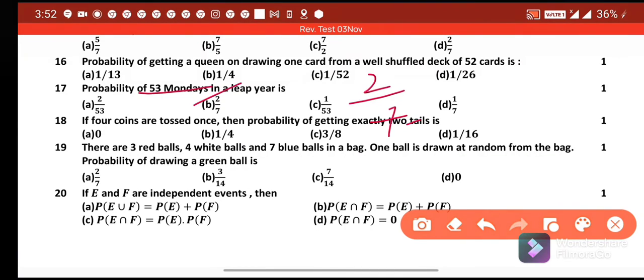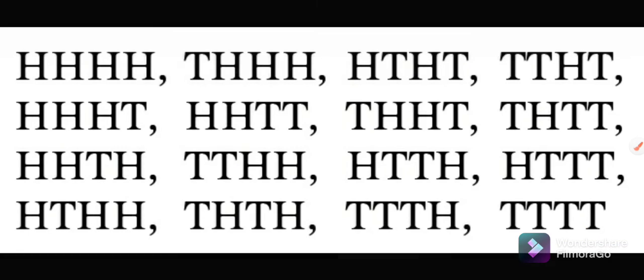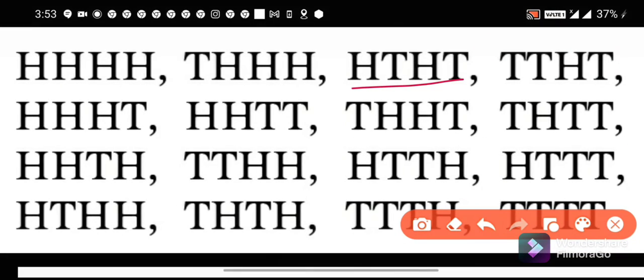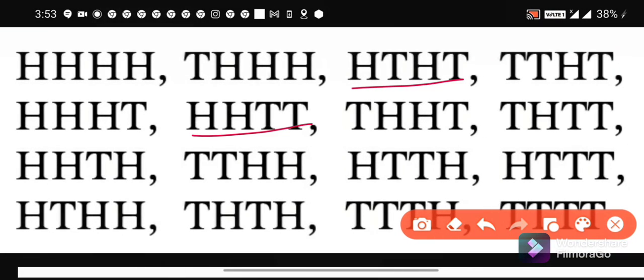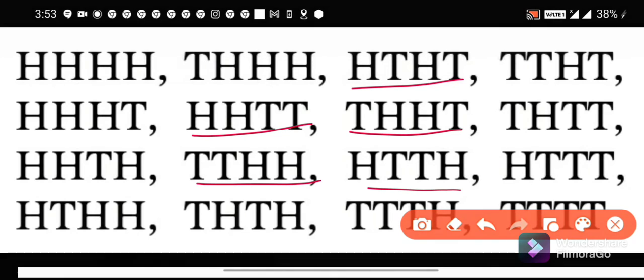Next question, if 4 coins are tossed once, then the probability of getting exactly 2 tails is, now the sample space for 4 coins is this. Now exactly 2 tails, the favorable chances are 1, 2, 3, 4, 5 and 6.